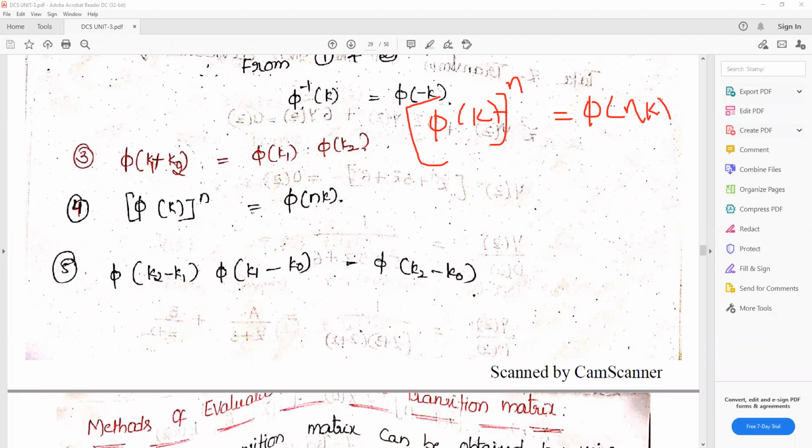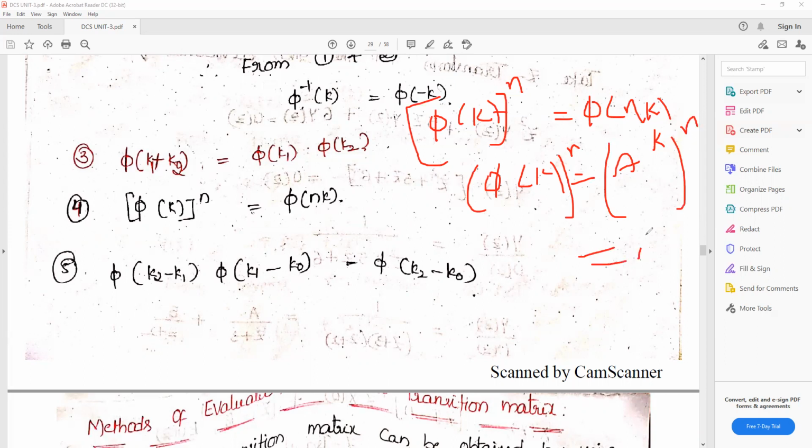Phi of k whole power n is equal to phi of nk. So what is the formula of phi of k? Phi of k is equal to a power k. So phi of k whole power n is equal to a power k whole power n.